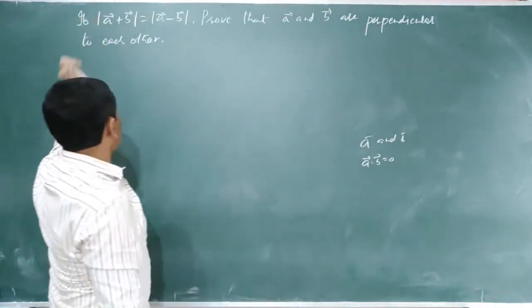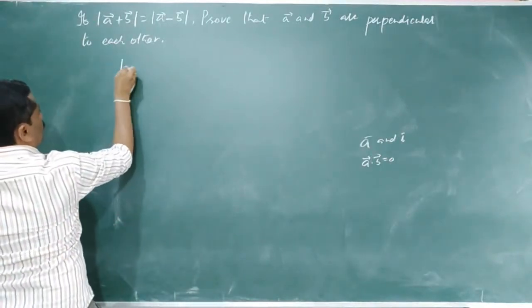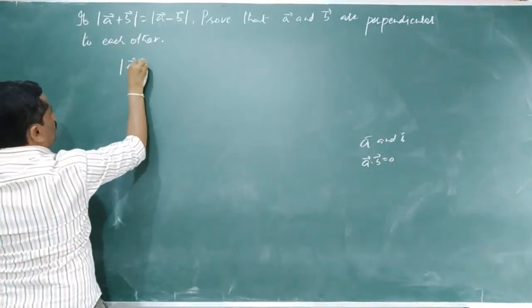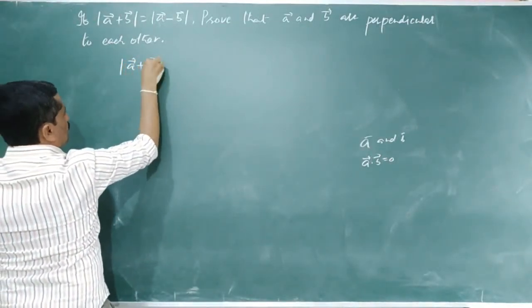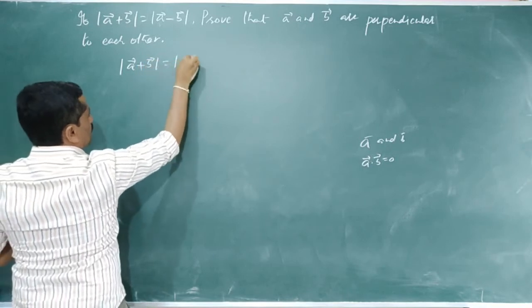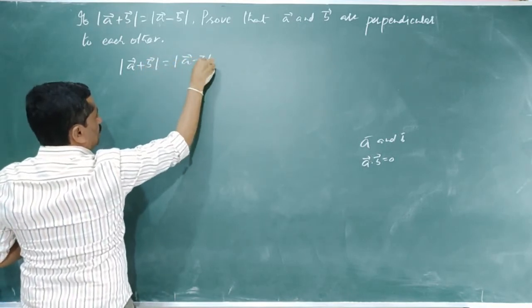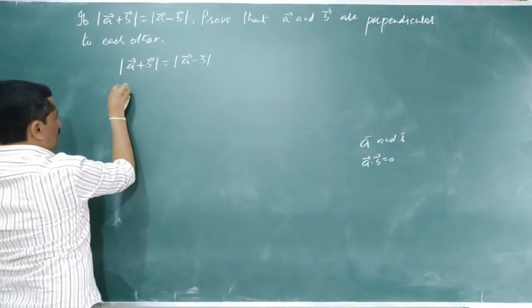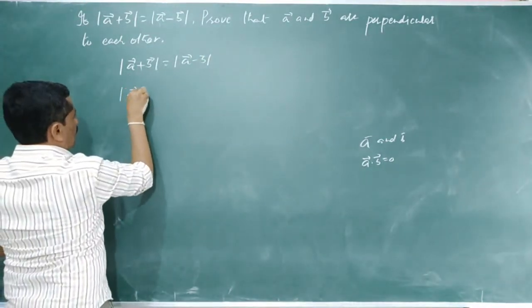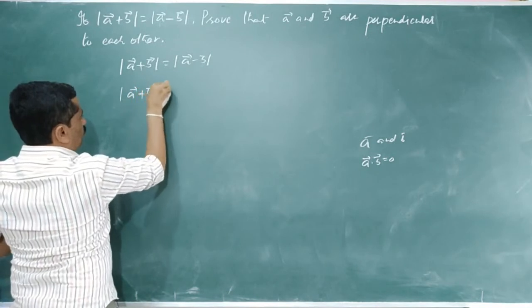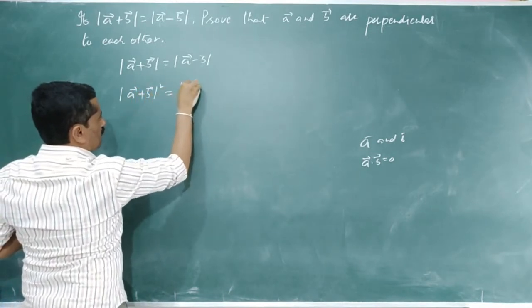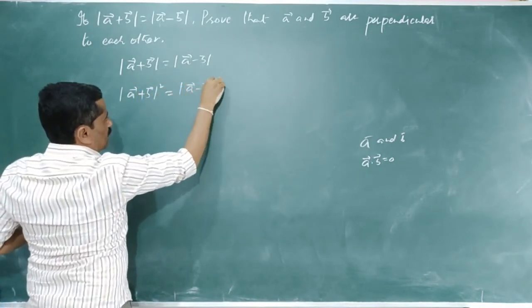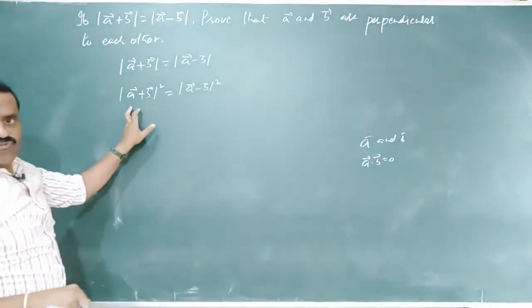So given that magnitude of a bar plus b bar is equal to magnitude of a bar minus b bar. Now squaring on both sides, magnitude of a bar plus b bar whole square is equal to magnitude of a bar minus b bar whole square. Now apply the formula for this.